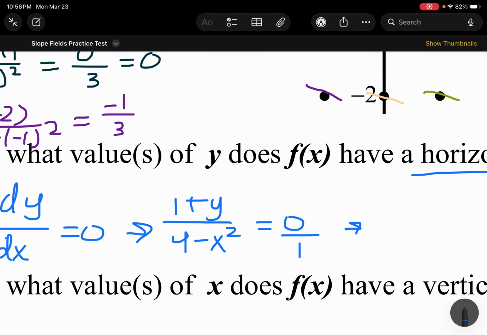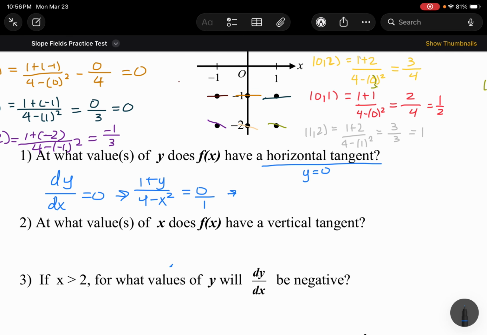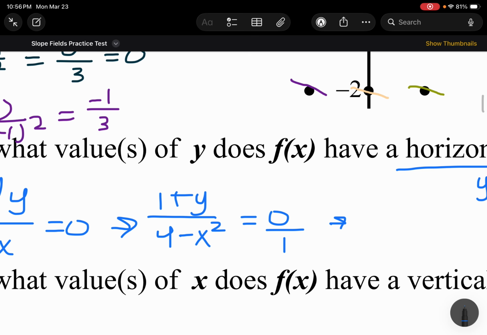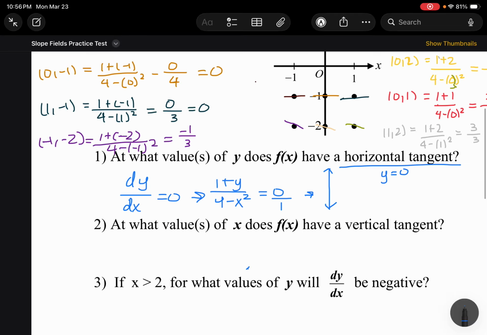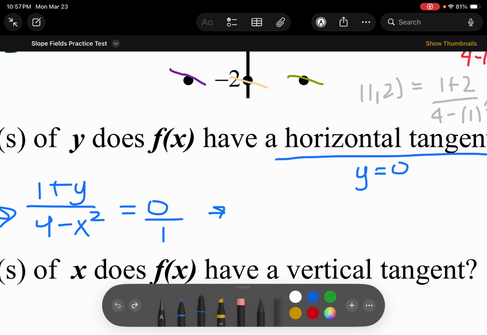So here, horizontal tangent is when you have a numerator of 0, because if you were to set the denominator equal to 0, anything over 0 would give you an undefined slope, and an undefined slope would give you this sort of asymptote, which is not what we're looking for. That's number 2. We're looking for a horizontal tangent. We're looking for something like this.